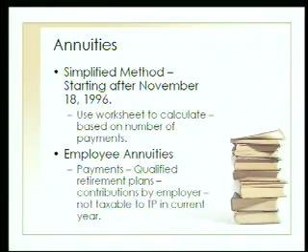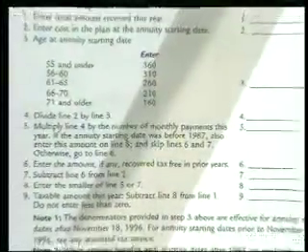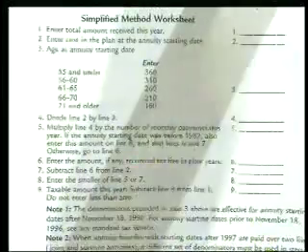There is a worksheet attributable to that in order to calculate the taxable portion of the annuity. You can see the simplified worksheet here, and I blew one up as well so that you could see it.